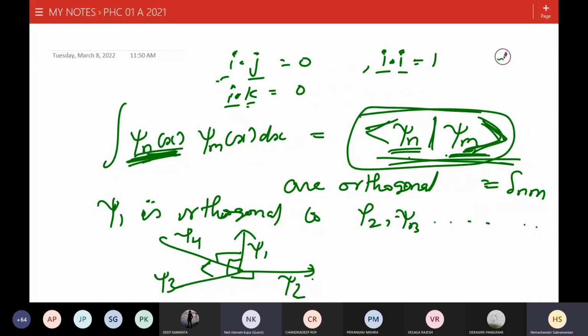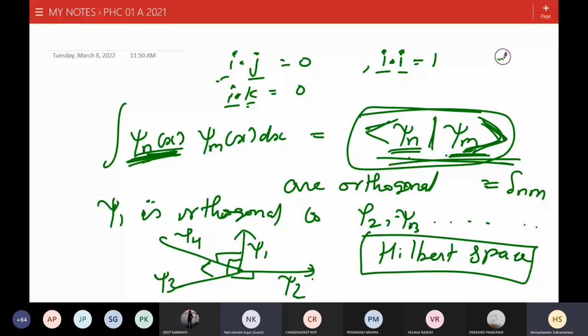And that infinite dimensional space is called a Hilbert space. Hilbert space is occupied by functions. Just like unit vectors i, j, k for 3-dimensional spaces, the unit vectors for Hilbert space are psi m, psi n, and all that. These are the sine functions, sine n pi over a x.